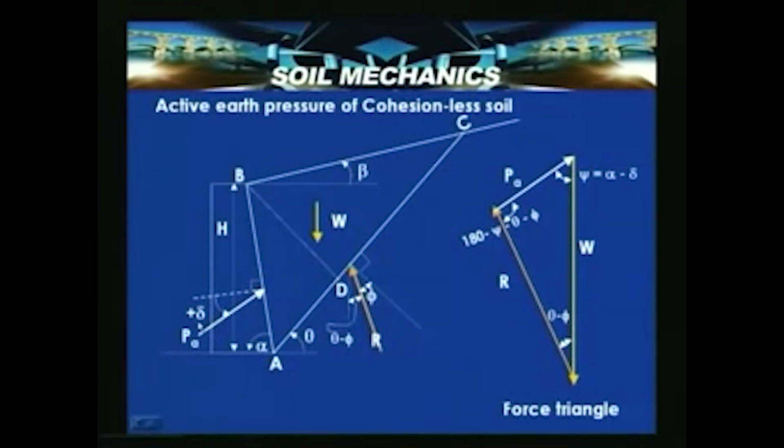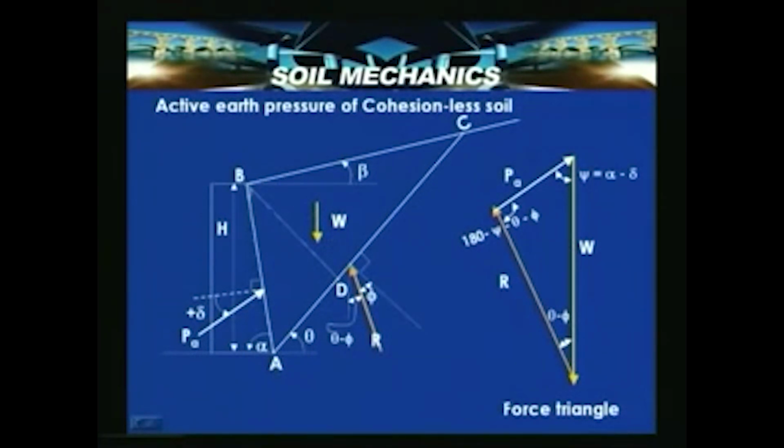Let us assume a case of positive wall friction, with the wall resting on a firm foundation, and AC is a potential failure surface or shear plane where the failure can take place, the surface which gives the maximum active earth pressure on the wall. Beta is the slope surface inclination with the horizontal, alpha is the inclination of the wall face with the horizontal, and delta is the wall interface friction. Pa is the active thrust acting on the soil block.